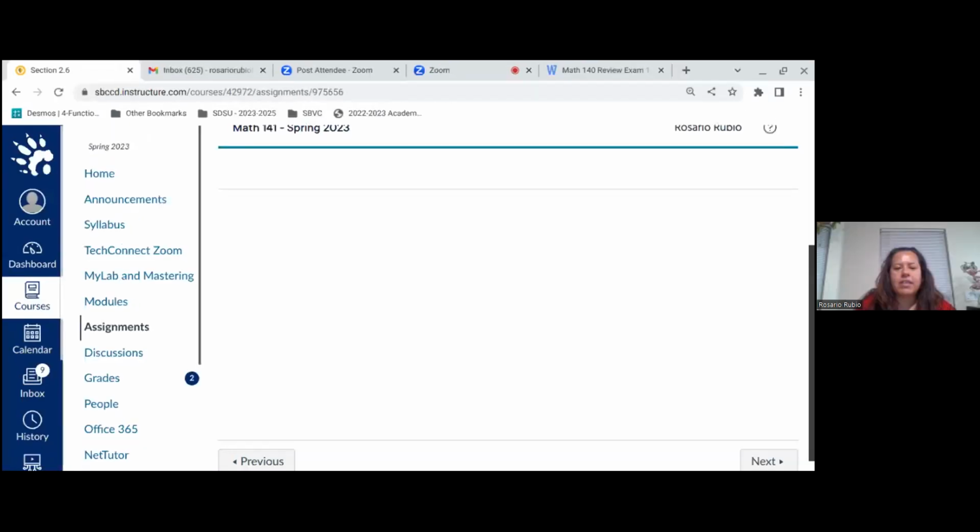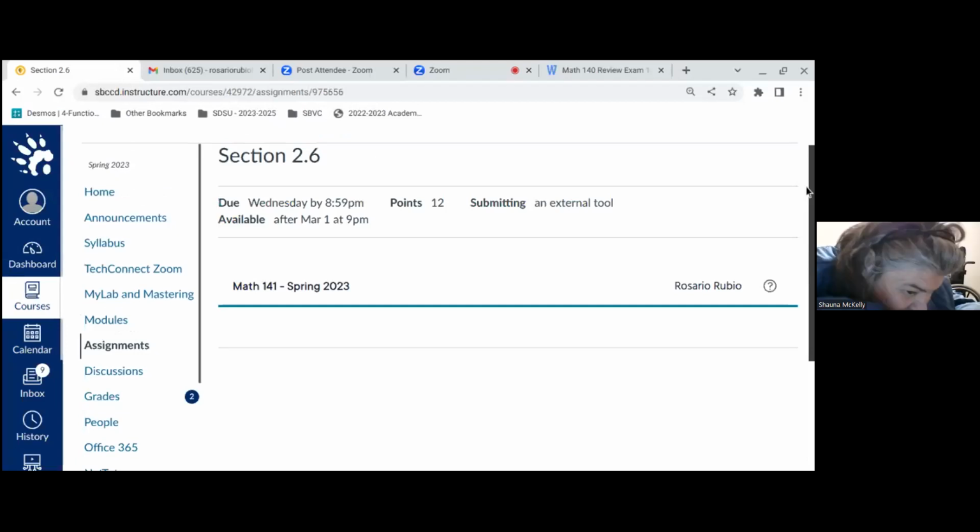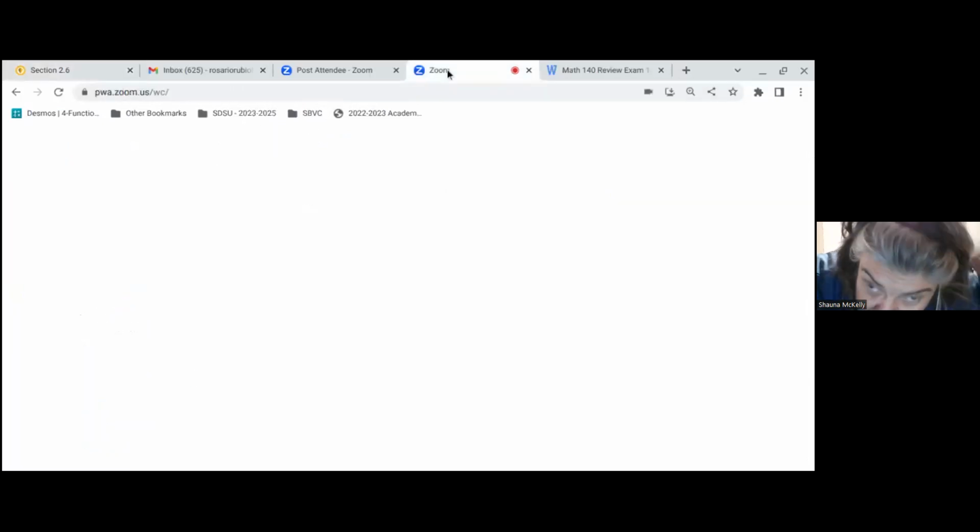Let me click share screen. And then this is where we want to be in 2.6. I know it's not opening. Okay, I see it says.